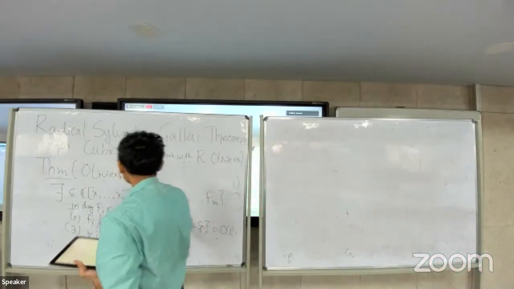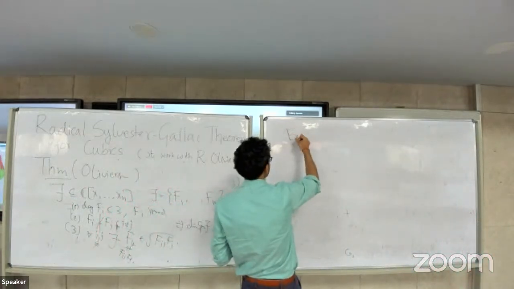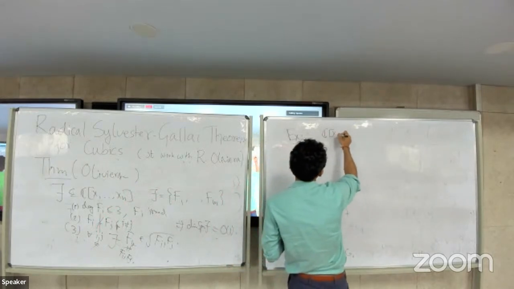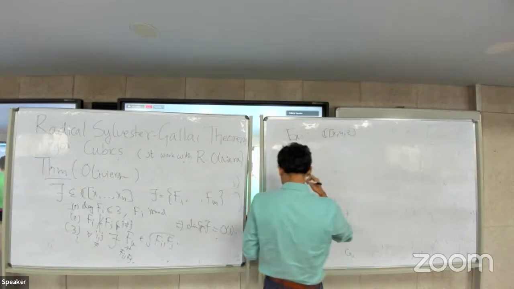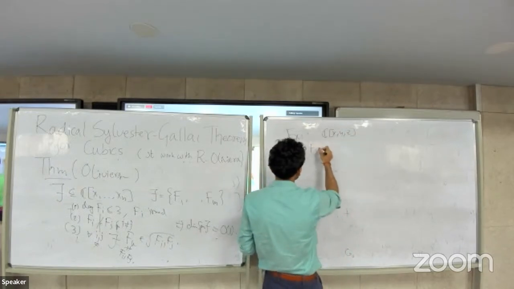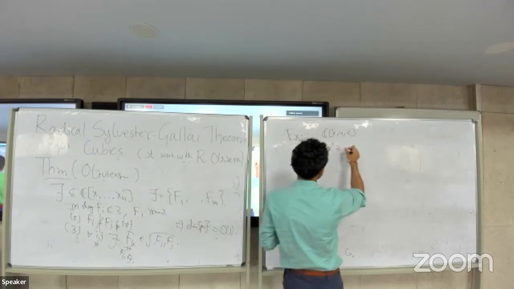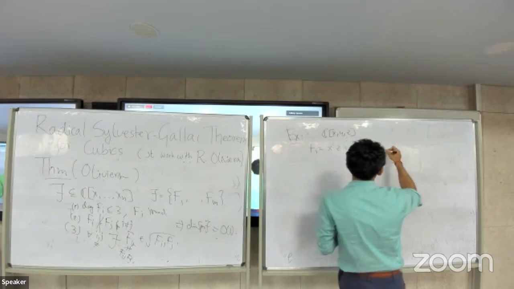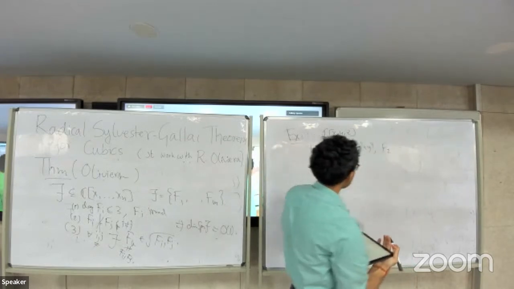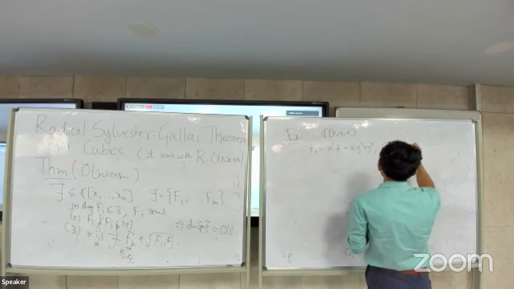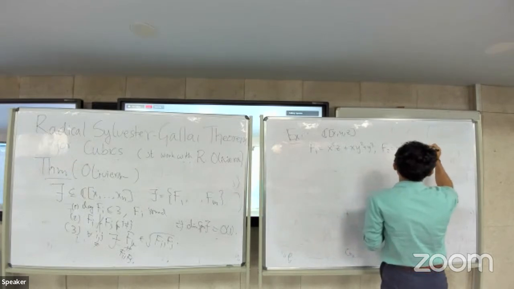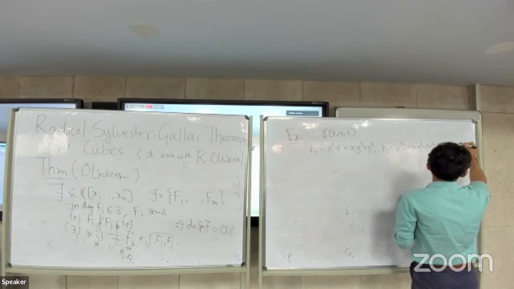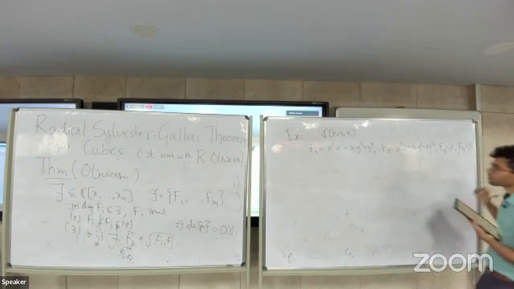You can make this example. Inside of C[X, Y, Z], I'll have 4 polynomials. F1 is given by X squared Z plus X Y squared plus Y cubed. F2 is F1 plus Y cubed, so I'm going to take X squared Z plus X Y squared plus 2 Y cubed. And F3 is just X and F4 is Y.